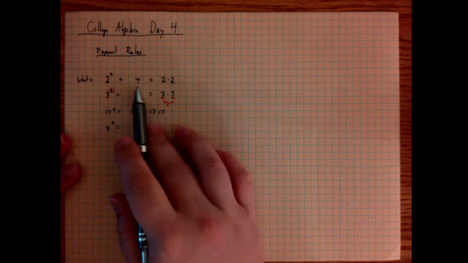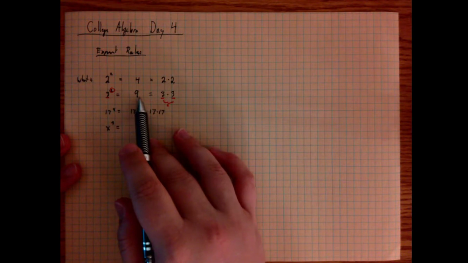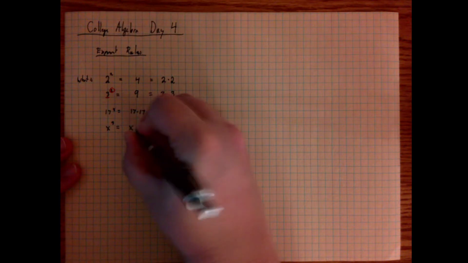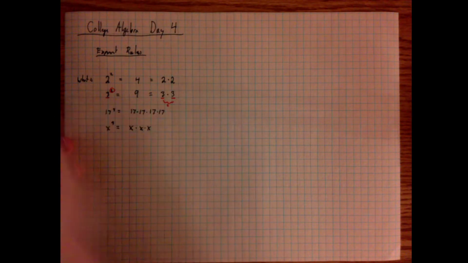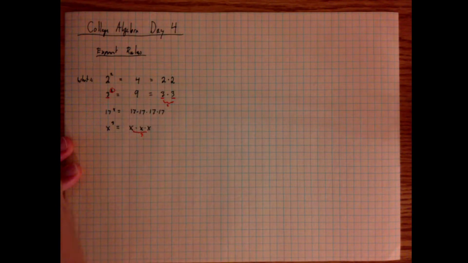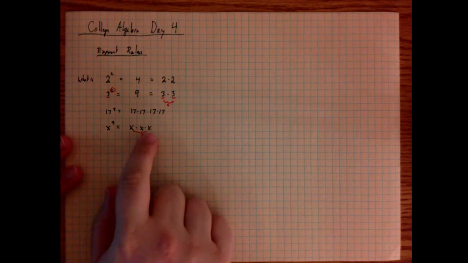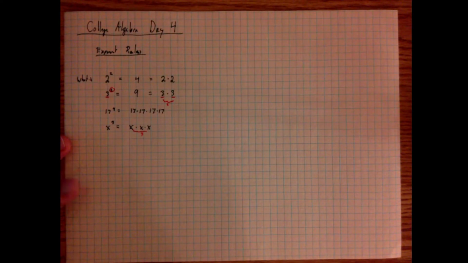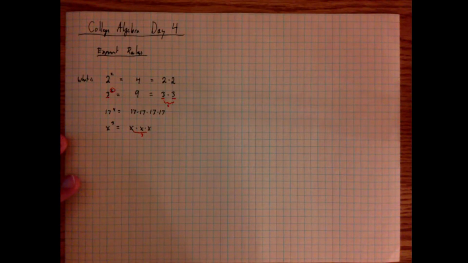There's no way to simplify it to 4 or to 9 like we did up here. X cubed is just x cubed, but you may at any point in time write it as the number x written out 3 different times. And at any point in time, you may see 3 x's that are all being multiplied and write them as x cubed. This is a natural progression of exponents.